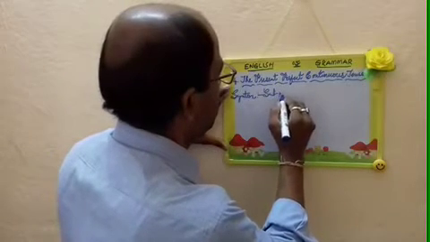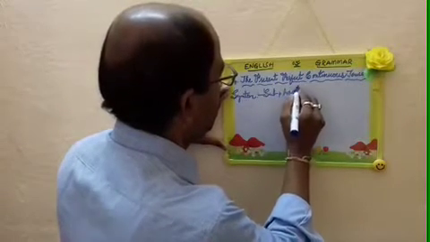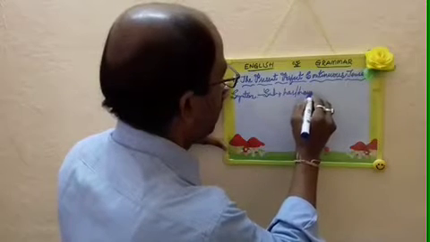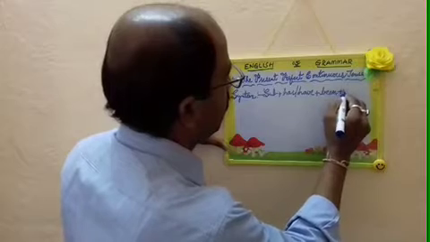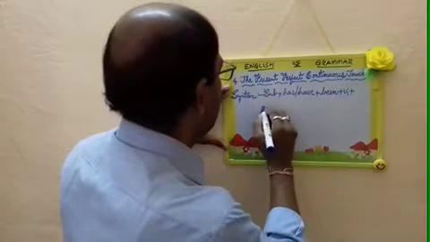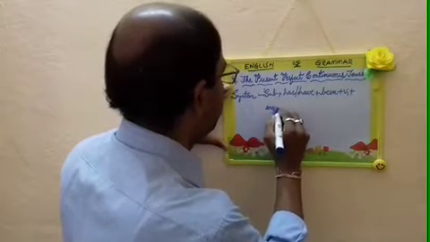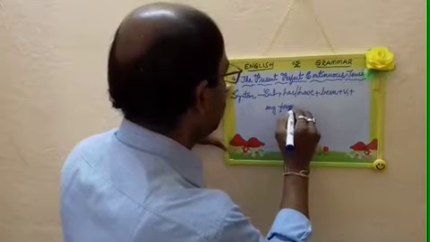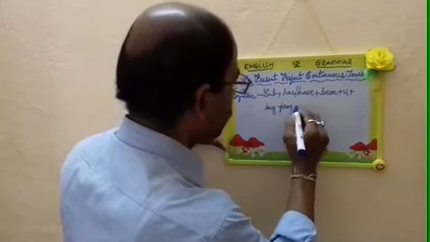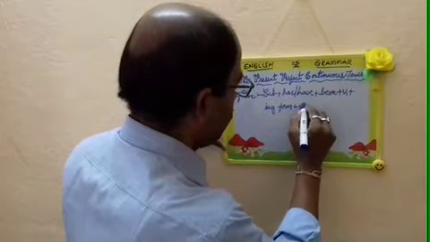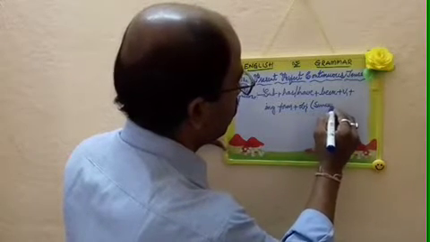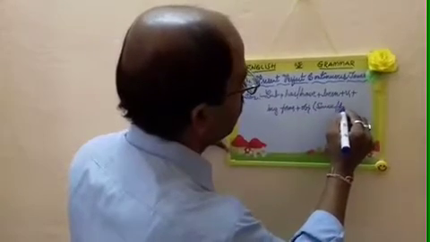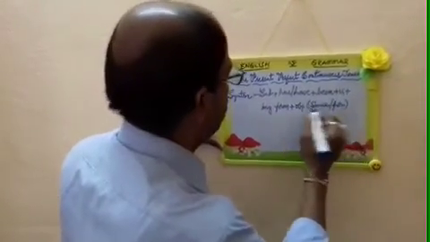Subject plus auxiliary verbs has, have plus been plus V1 plus ing form, and here the object. Here we use the words since and for.